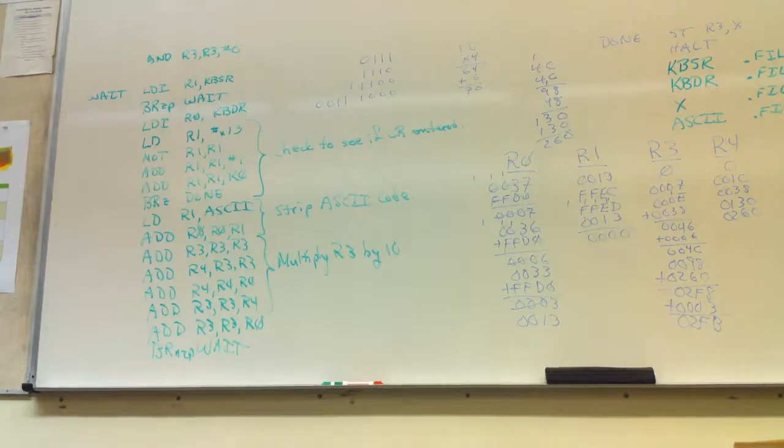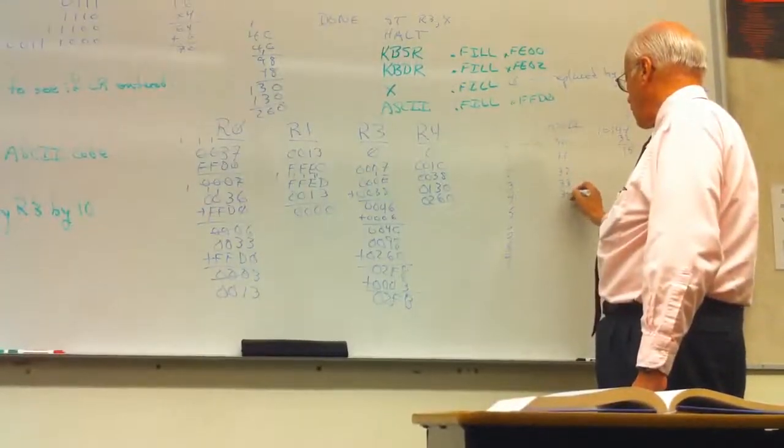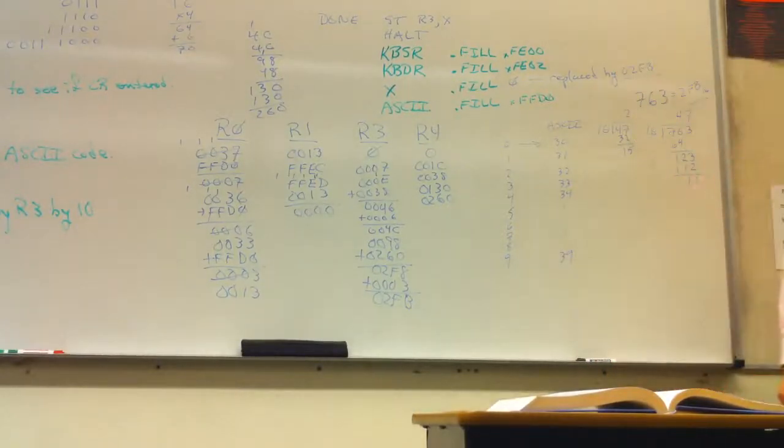One of the things that makes this work so nicely is that 6, 7, 8, 9, if you look at the ASCII codes for these things, 36, 37, 38, 39, they come right in a row.